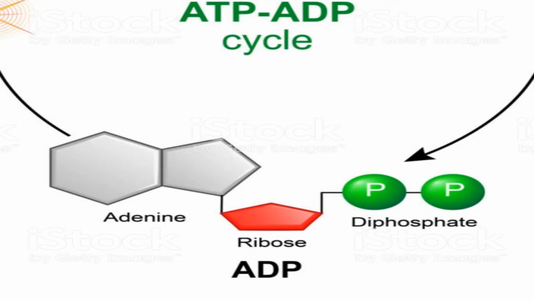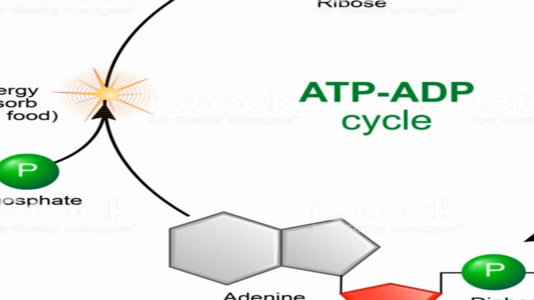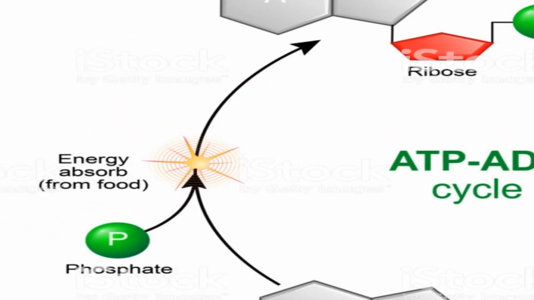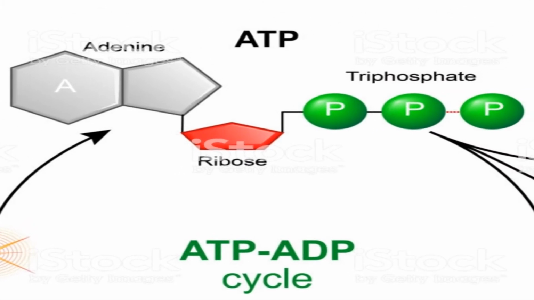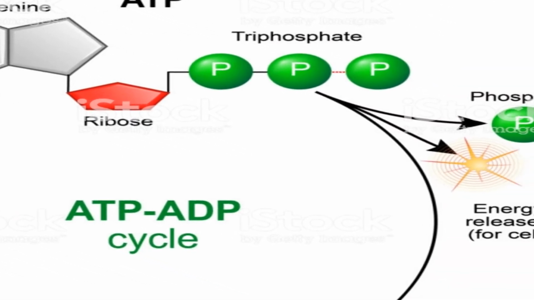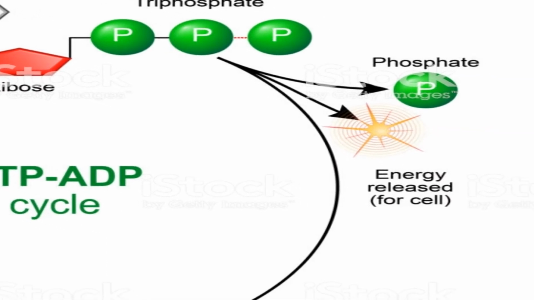I'm going to summarize it. In the ATP and ADP cycle, first we have an ADP. Then we combine a phosphate using energy. Then it will turn into an ATP. Then ATP will be broken down by water.